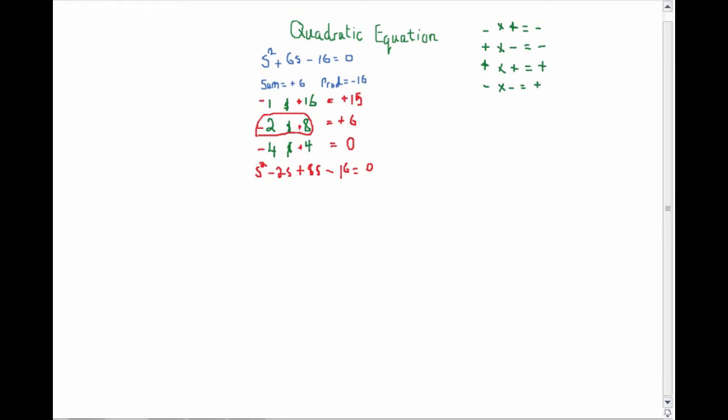Then we group these terms. So we'll be having x squared minus 2x, then here also plus 8x minus 16.